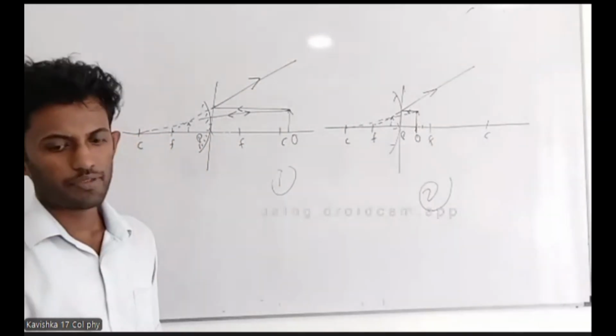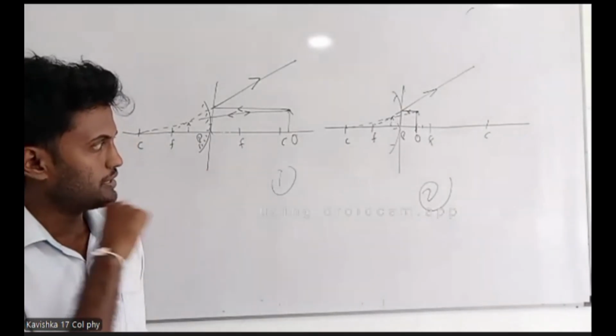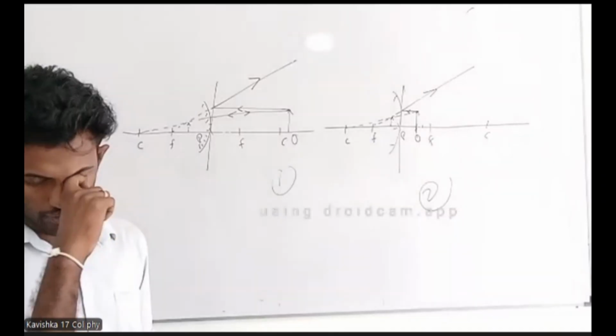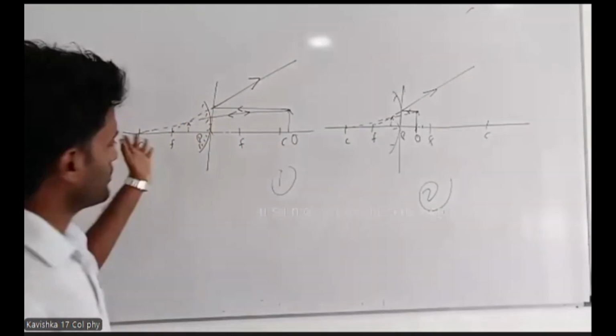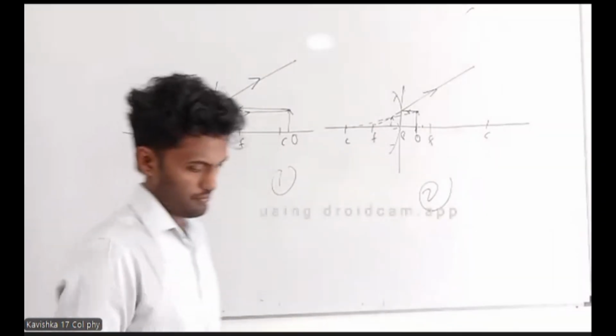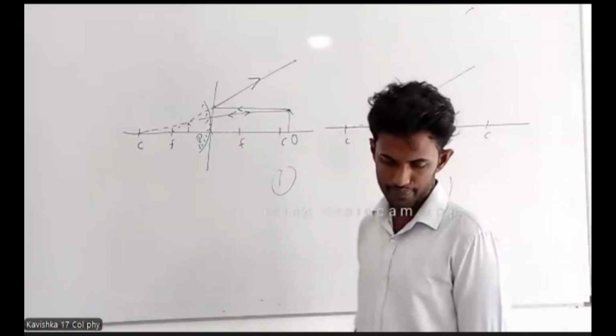So use the same size of object and use the same F and C distance, otherwise it will change. I can't draw exactly because I'm looking at this plain surface.